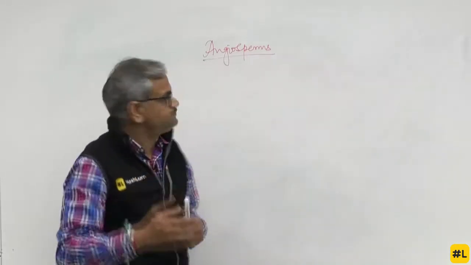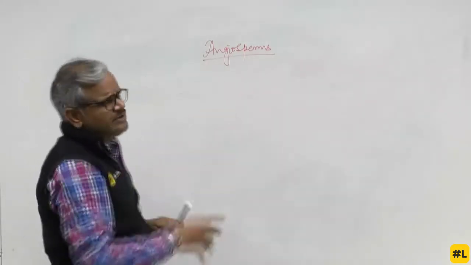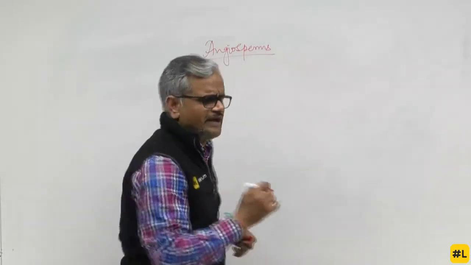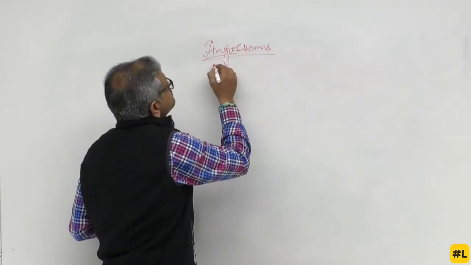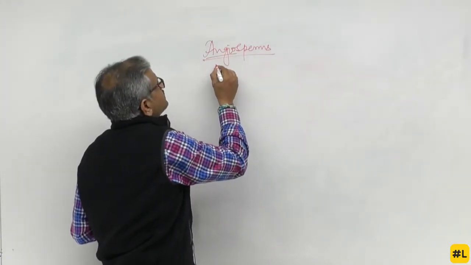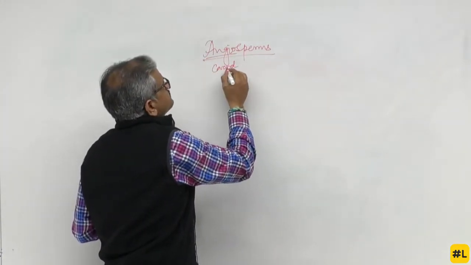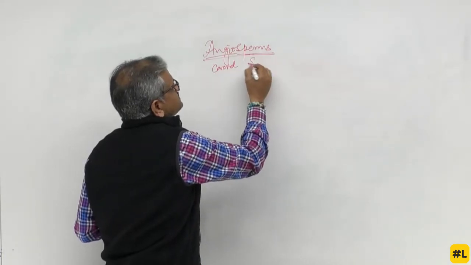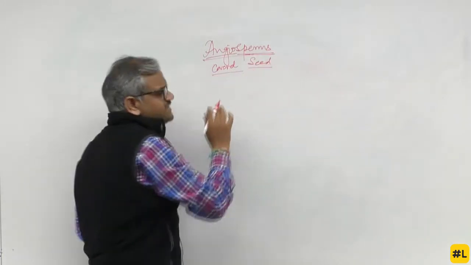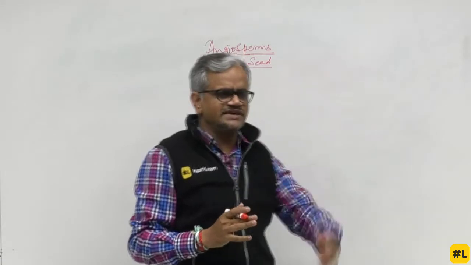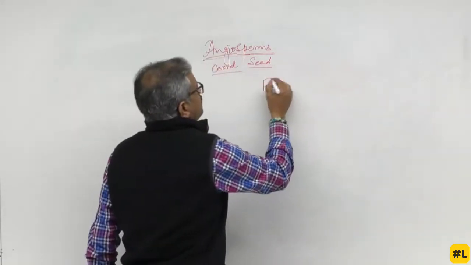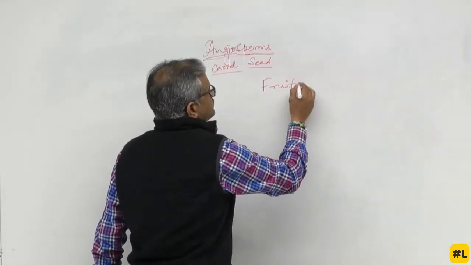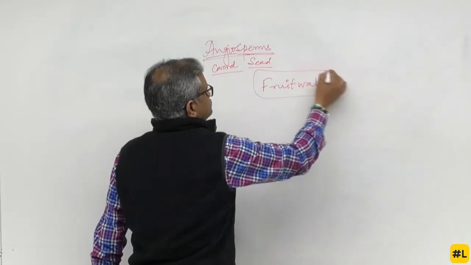Okay? So, sir, when we say angiosperms, what exactly we talk about? Angio means very simple, covered. Sperm means seed. When you say seeds are covered, means they have a very interesting thing called fruit wall.